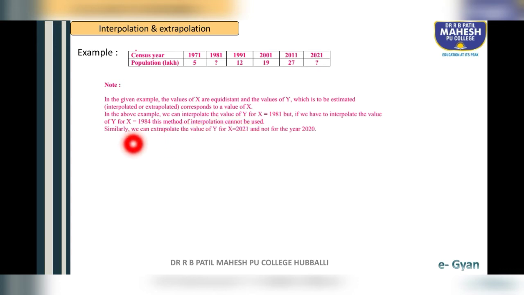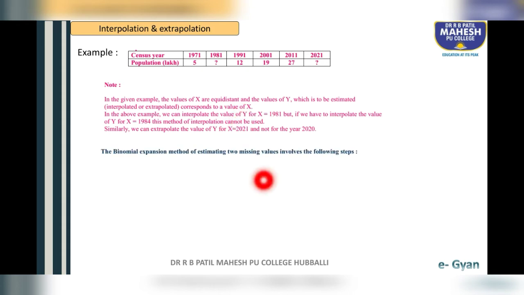Similarly, we can extrapolate the value of y for x equal to 2021, and not for the year 2020. So this is an important note, all of you follow this.